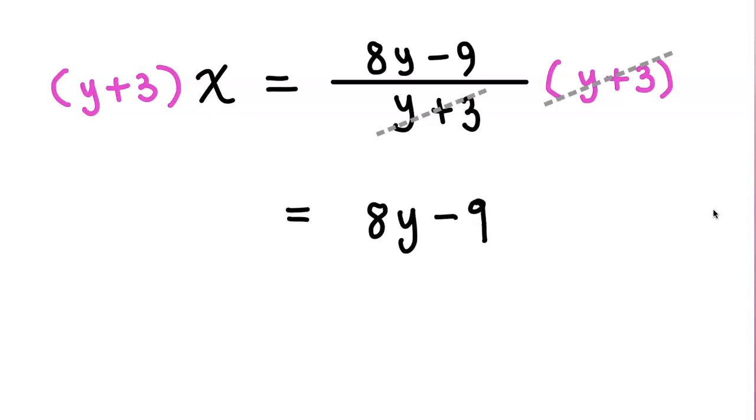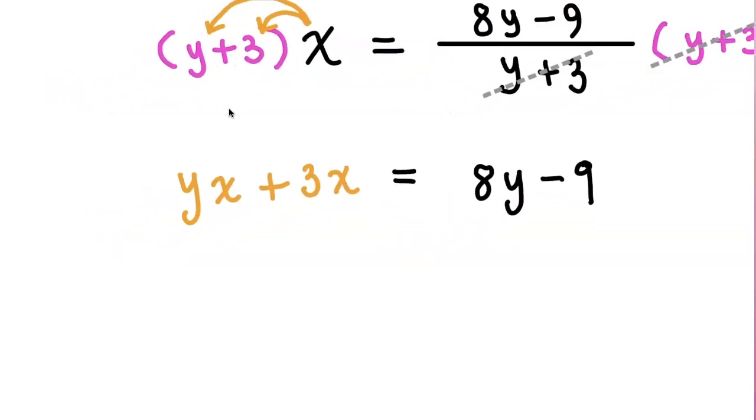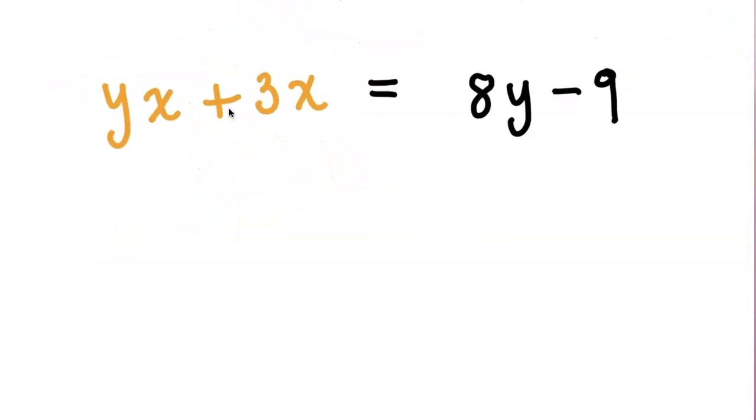Now we're going to distribute this x in. If you distribute, you will get yx plus 3x. Now, here, what we will do now is gather all the terms that have y to the left.